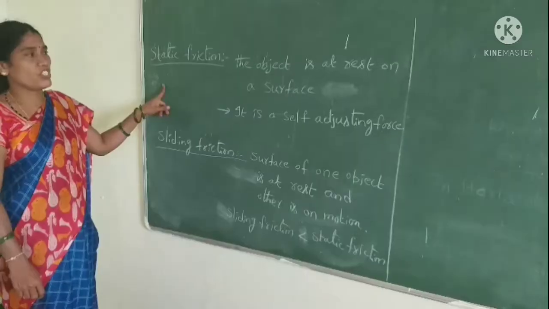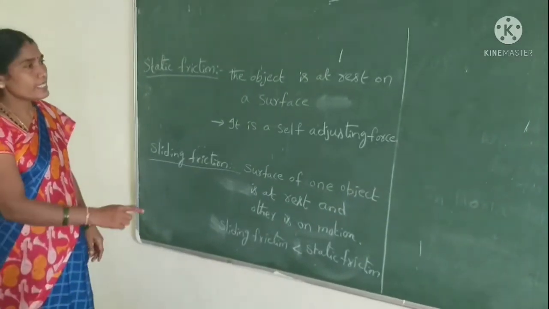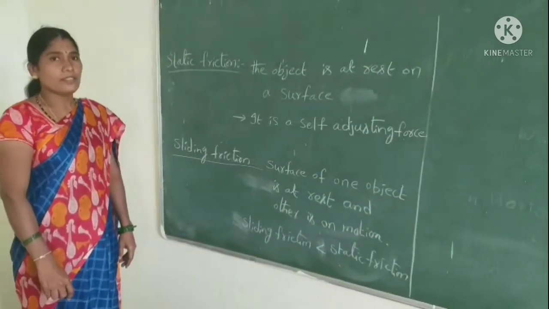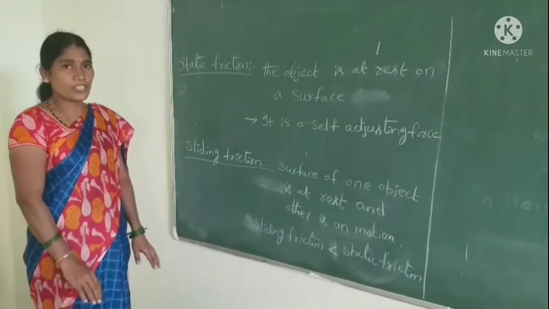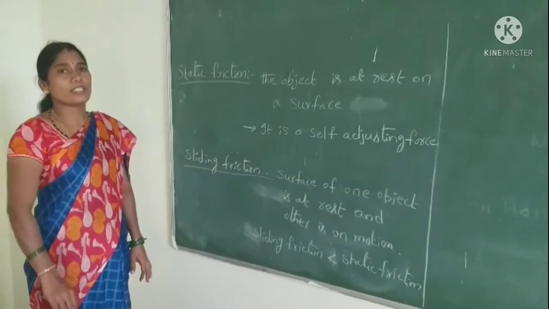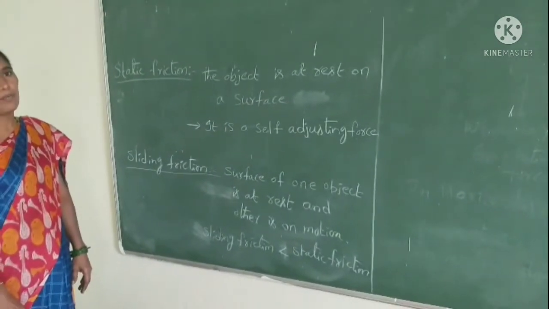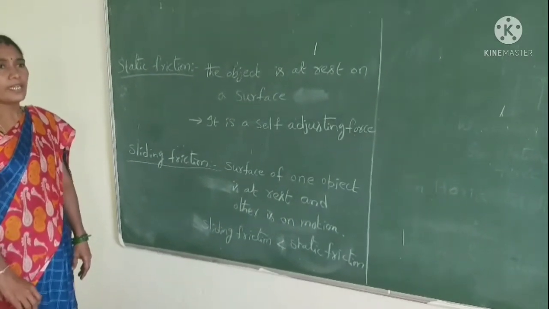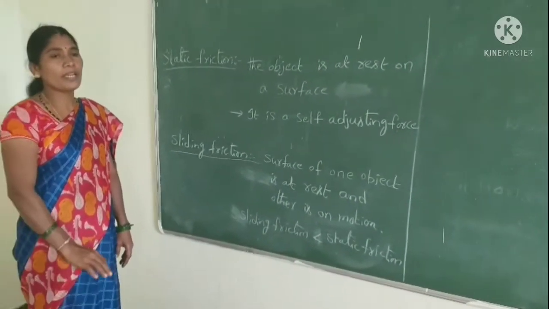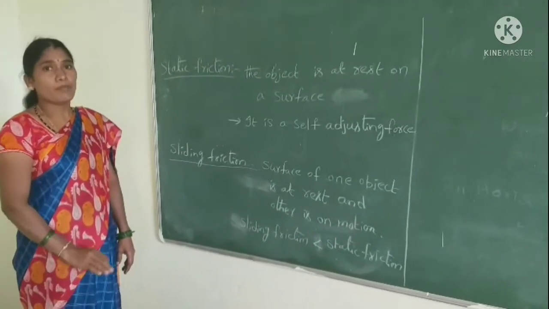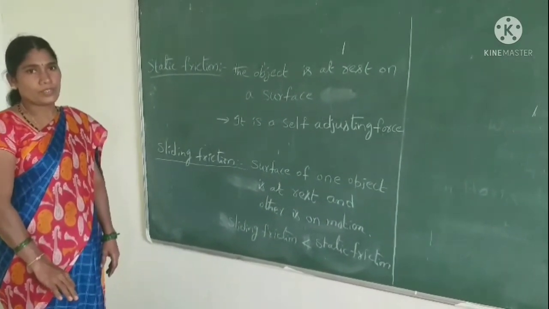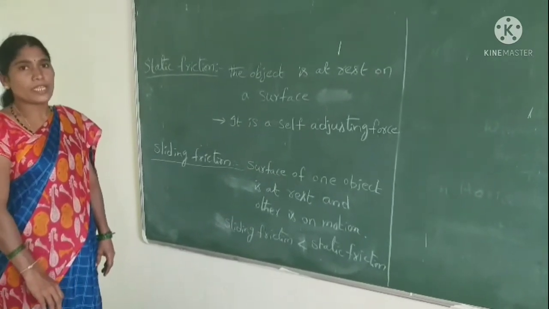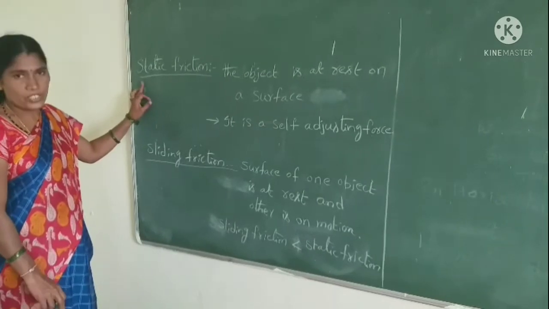The object is at rest on the surface of another object. For example, take a table and put a book on it. The book is at rest. The friction acting on the book is static friction.